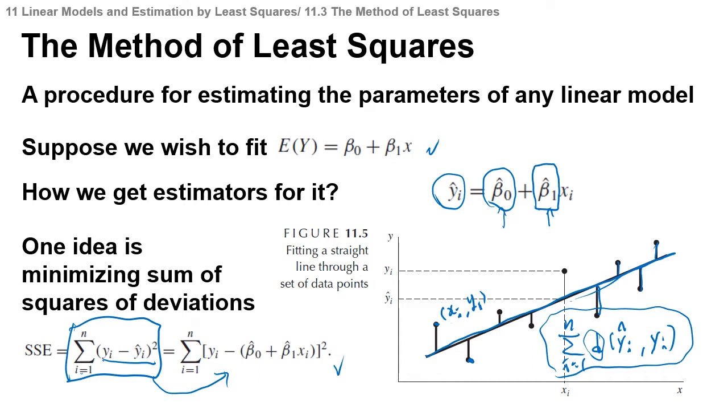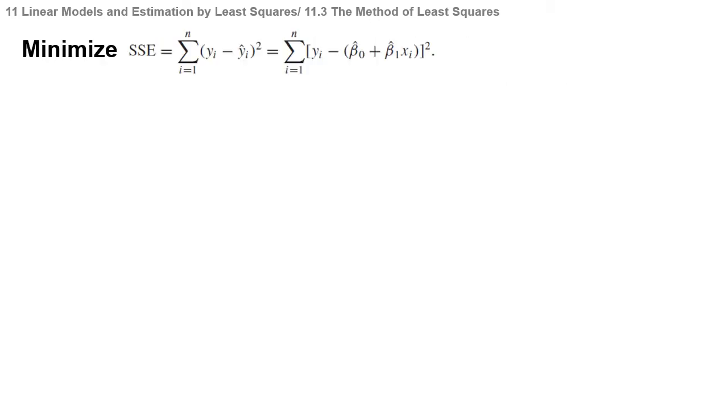The next question is how we solve this problem, minimizing SSE, and get estimators for beta 0 and beta 1. So the problem becomes minimizing the sum of squared errors with respect to beta 0 hat and beta 1 hat.